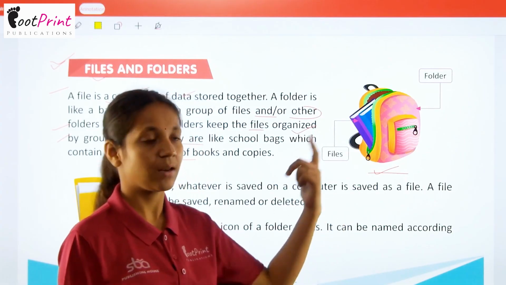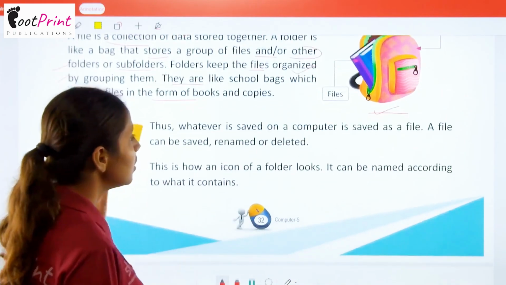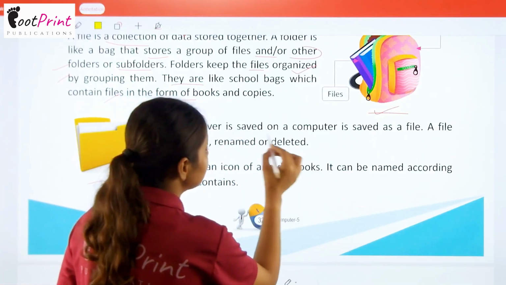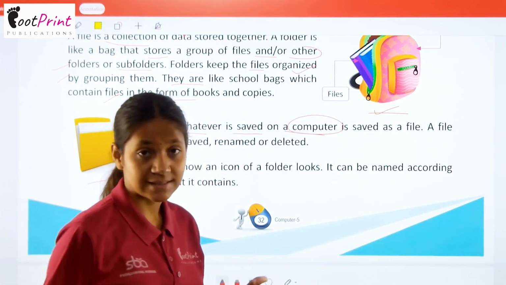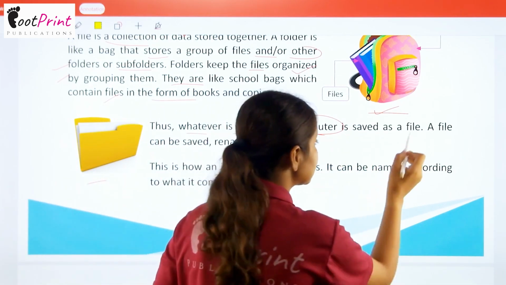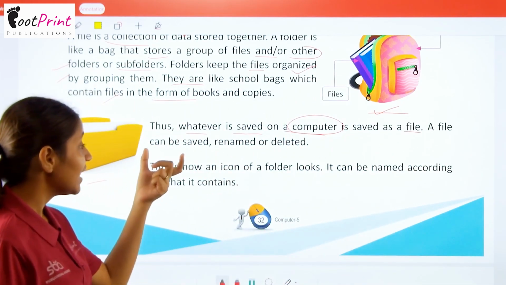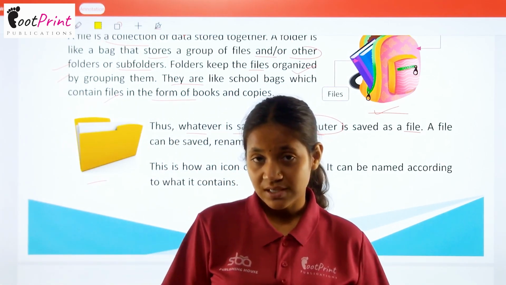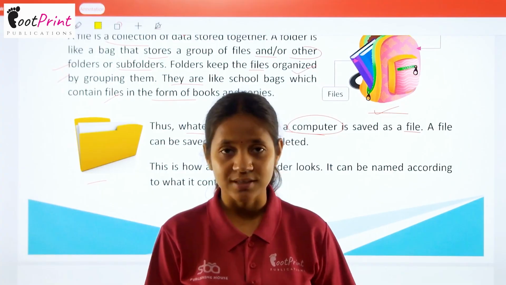It is basically a representation of how the computer also stores the same. Thus, whatever is saved on a computer is saved as a file. So, जो भी हम कंप्यूटर में सेव करेंगे वो फाइल के तरीके से सेव होगा. A file can be saved, renamed or deleted. एक फाइल सेव हो सकती है, डिलीट हो सकती है, रीनेम हो सकती है, चेंज हो सकती है.